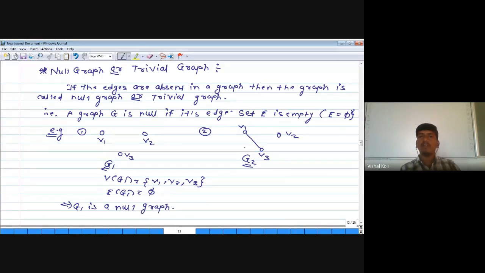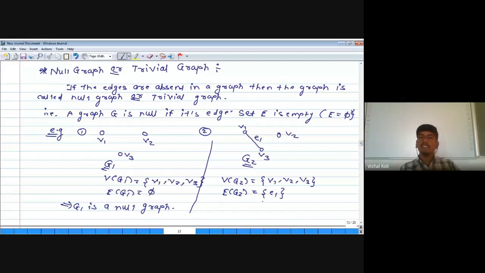Now we have to see for G2. In graph G2, the vertex set of graph G2 is equal to V1, V2 and V3. And here there is one edge E1. The edge set of G2 contains one edge E1.